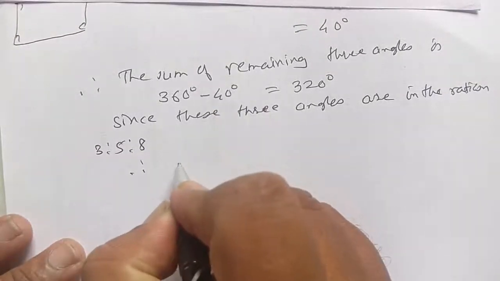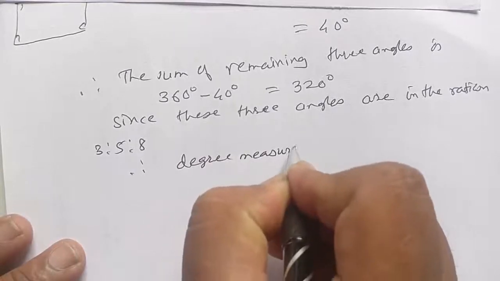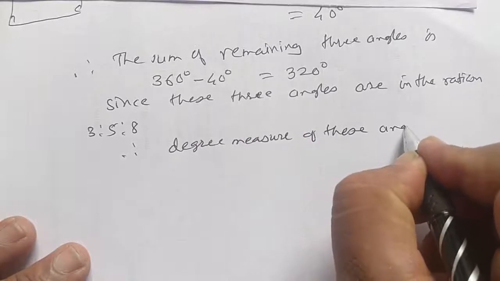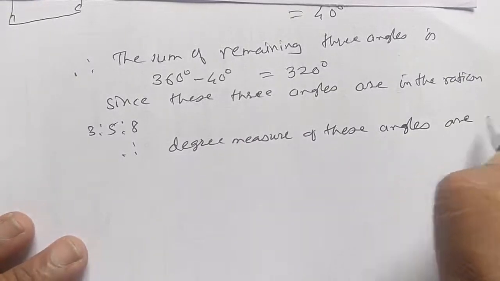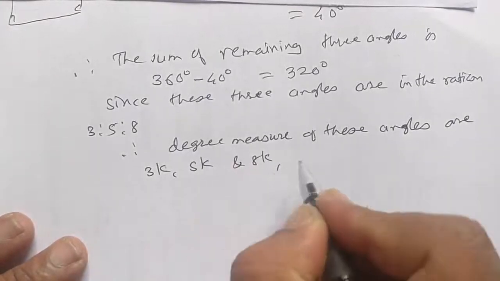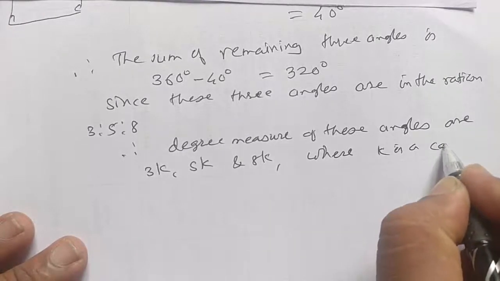Therefore, degree measures of these angles are 3K, 5K and 8K, where K is a constant.